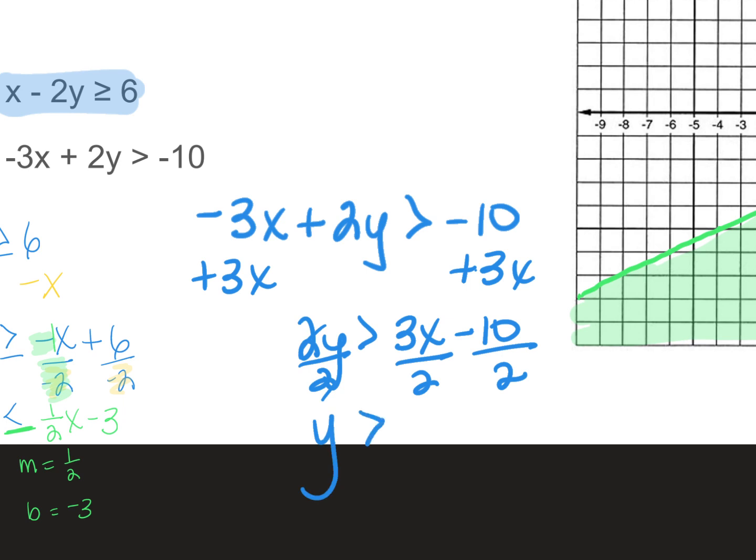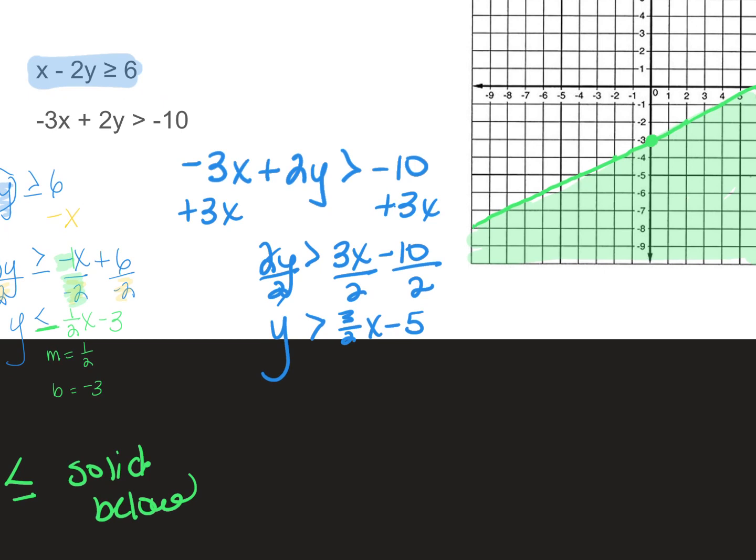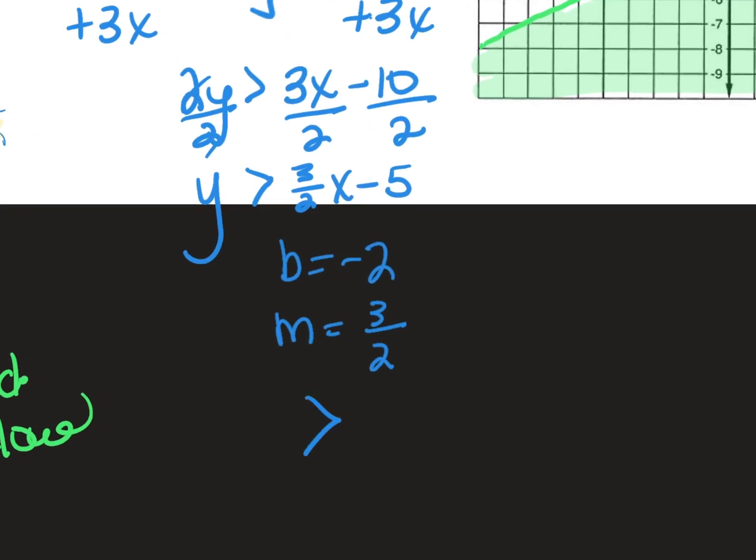3/2 doesn't simplify. That's going to be our slope. Negative 10 over 2 does simplify. Again, put it in alpha y equals, let it do the math for you, negative 5. So y-intercept negative 5, slope of 3/2, greater than is a dashed line and above the line.